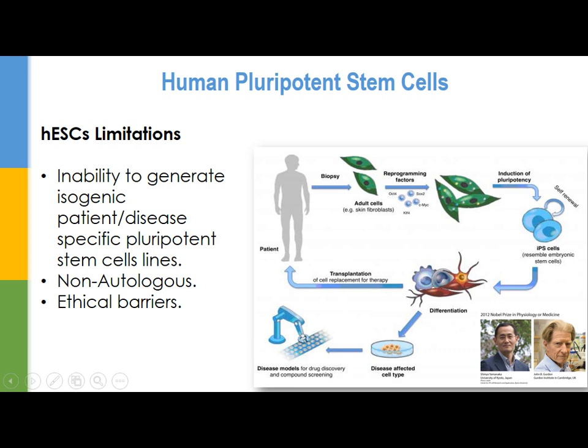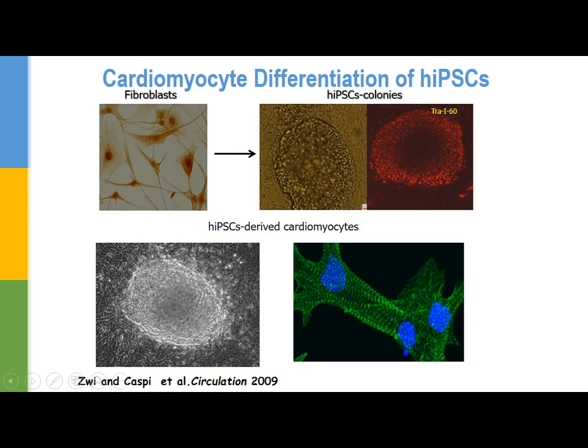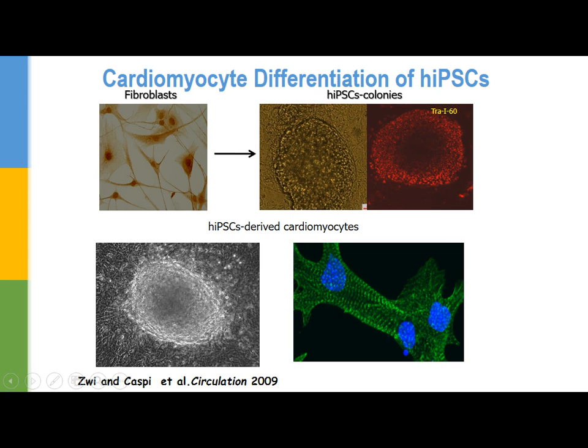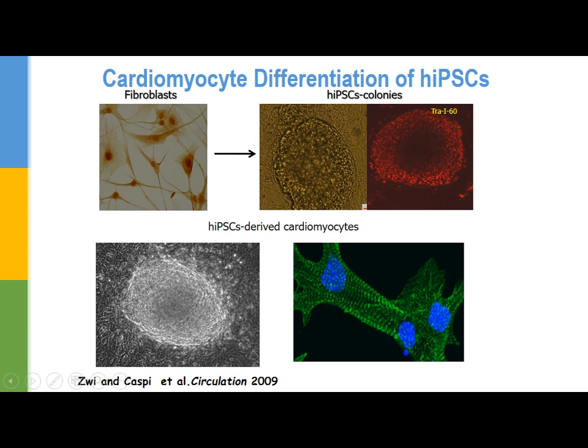Maybe in the future we can use these cells for regeneration and for drug screening and toxicity screening. And shortly after the introduction of the iPS technology, we were able to generate cardiomyocytes from human iPS cells, and we have shown that these cardiomyocytes are very similar to those from human embryonic stem cells.